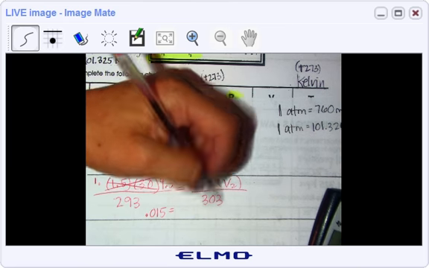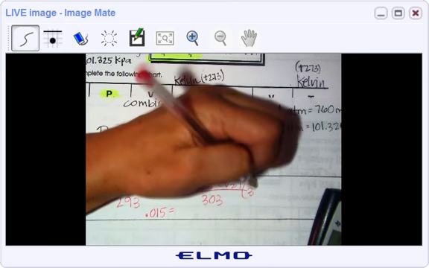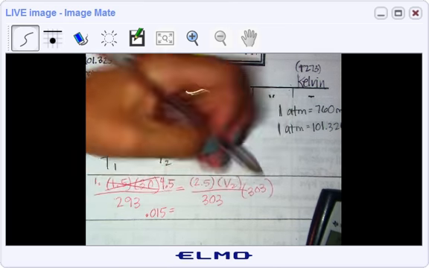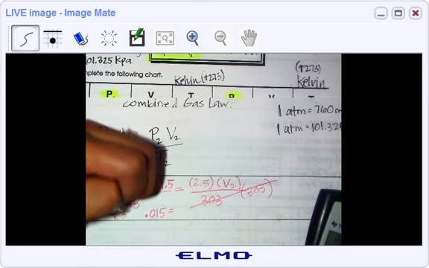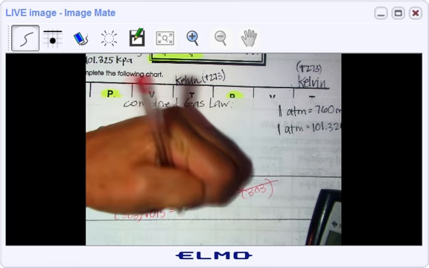So I'm going to get rid of this 303 by multiplying it. But whatever you do to this side, you need to do to this side. Then these two numbers just drop down.